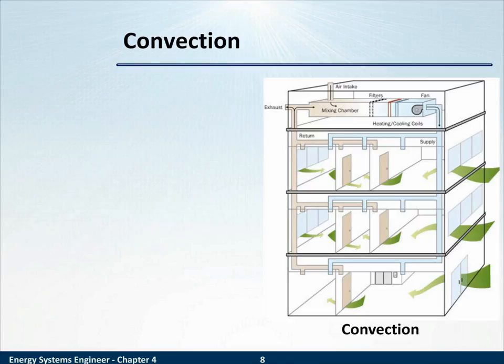Convection and convective heat transfer is pictured in the next two slides. This is a simple picture of two different modes of convective heat transfer. The first is air coming from the outside in, leaks into the building from the outside, or out of the building from the inside. Those are both convective heat transfer.